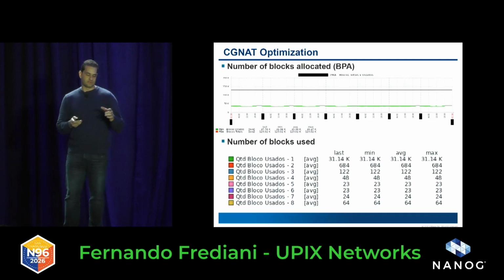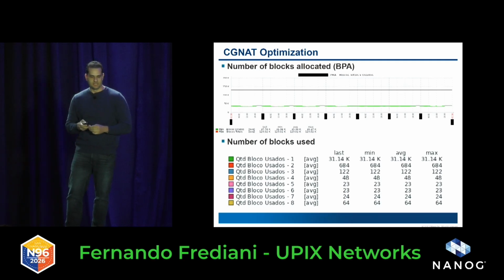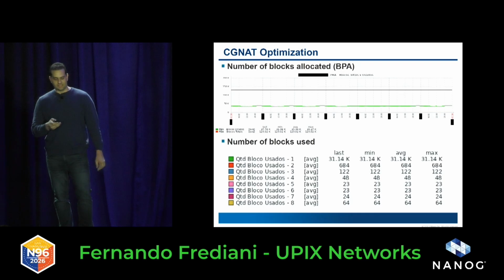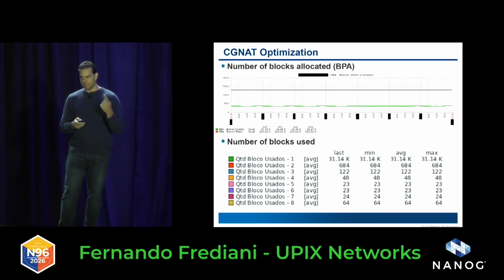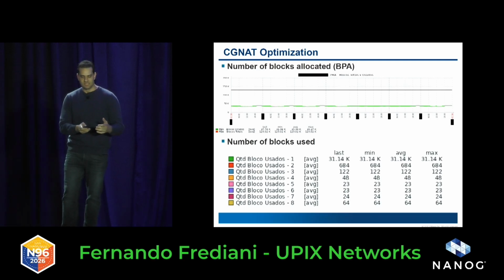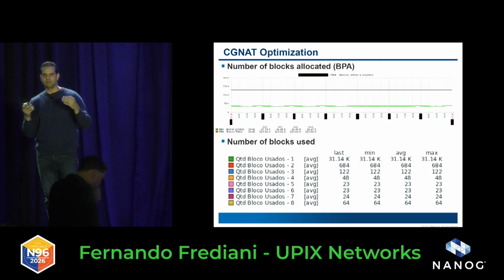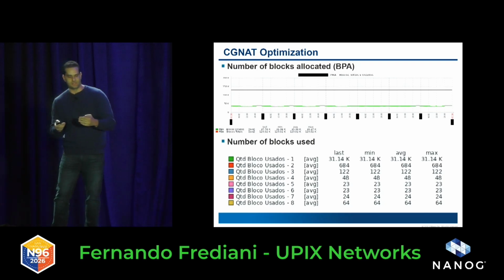For example, we defined 512 ports for each block and then up to 8 maximum blocks. As you can see on the graph, the vast majority of customers in this example, over 31,000 customers, were allocated only 1 block. That means that you can do a lot with the same amount of IP addresses, different from a fixed NAT. The green line is this 31,000. The red line is the amount of possible blocks that can be allocated for that amount of public IP addresses.